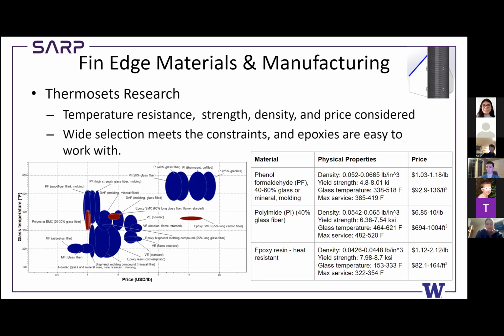So I researched several types of thermosets and created different graphs and tables to basically compare the properties. And what we found was that there were several types that actually met the physical requirements that you would need to withstand the high temperatures during the curing process. So what we ended up choosing was epoxy, simply because it is easy to work with and it easily meets the requirements. And there are several different types that could be used. I'm going to pass it back to Patrick.